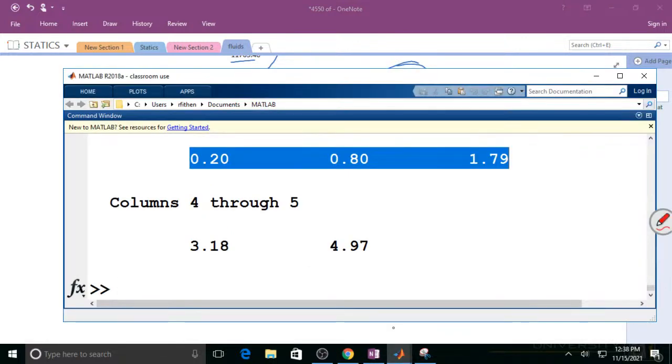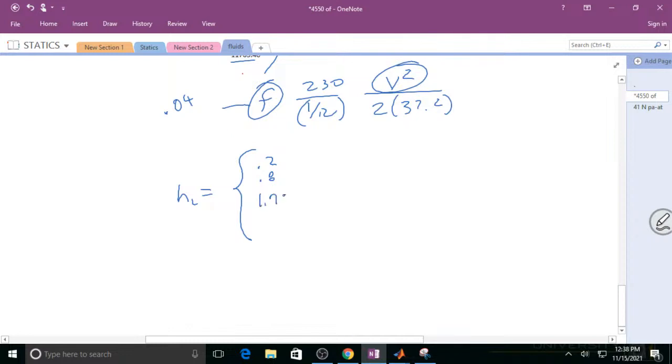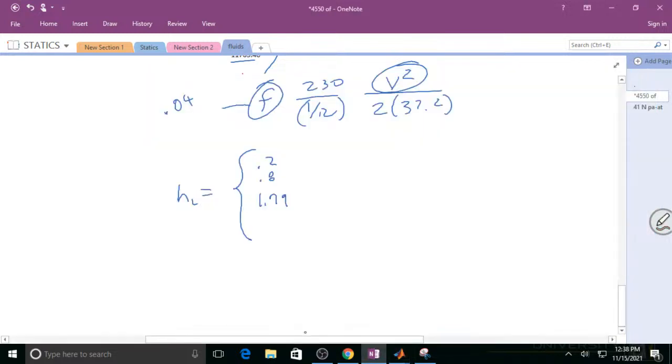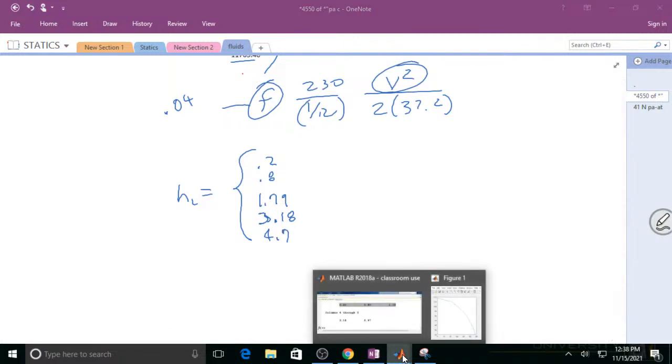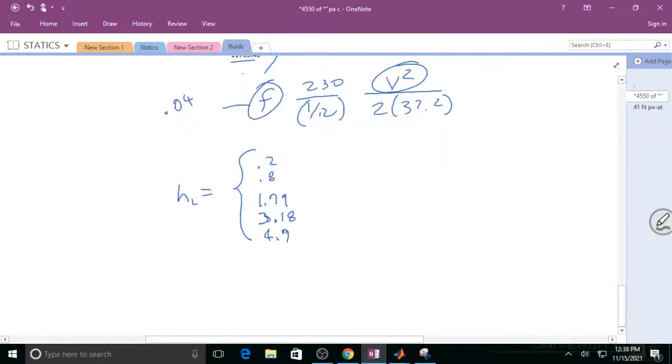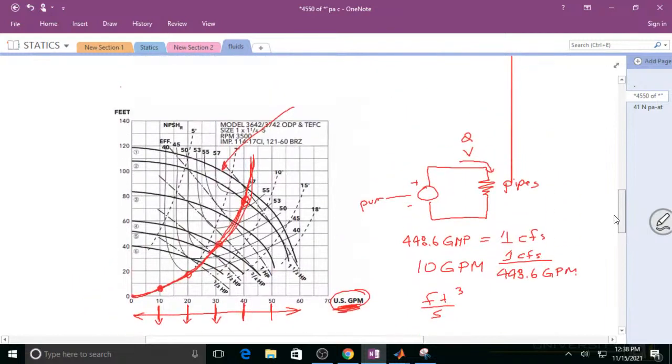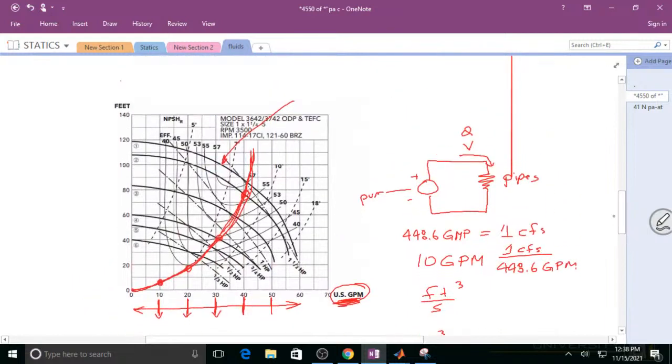I mean, this is awful pump design. 1.79, 3.18, 4.7, 97. Now, here's the worst part. Okay, I have this back here. This is awful. Here's why.